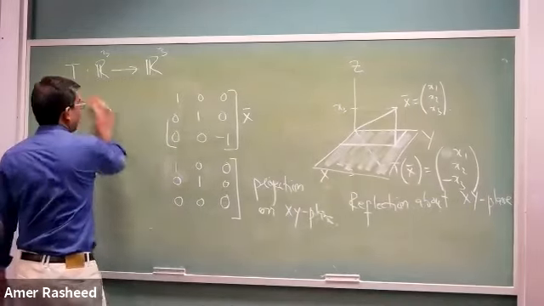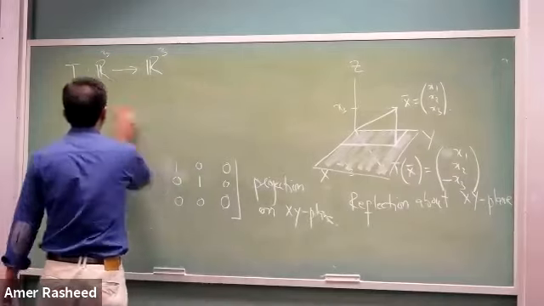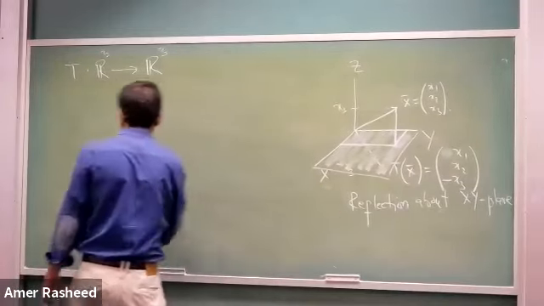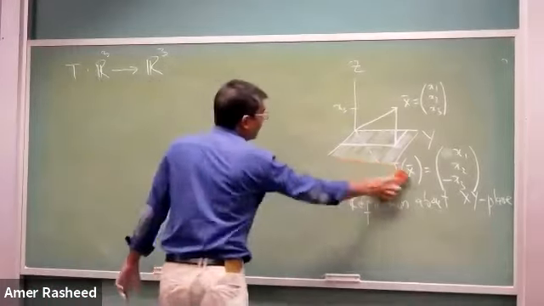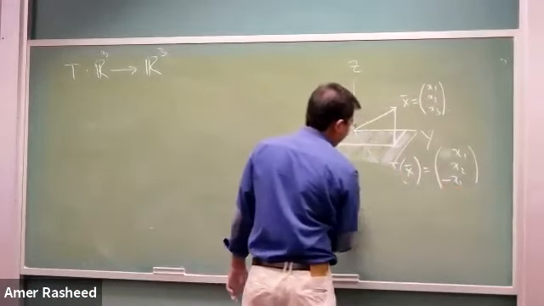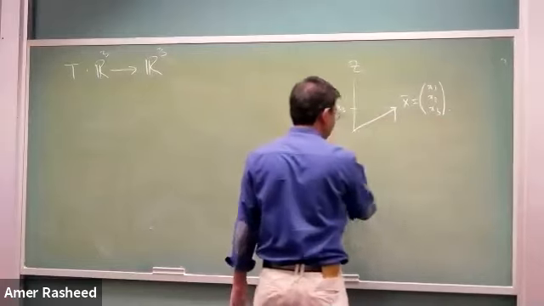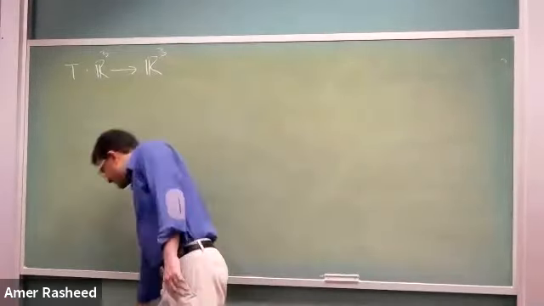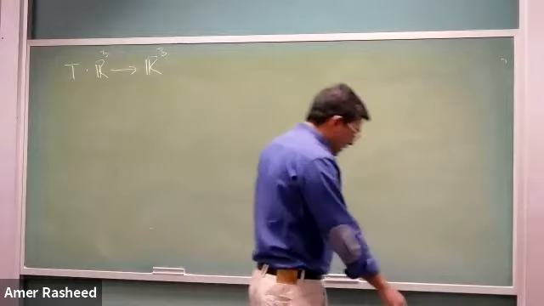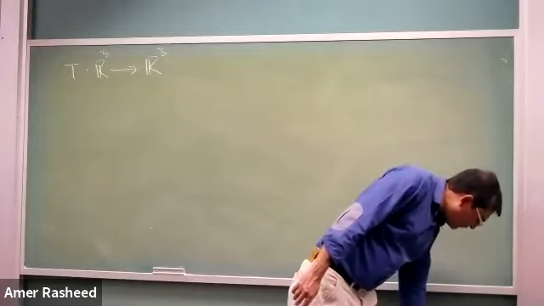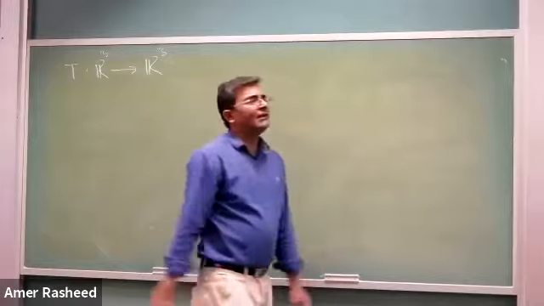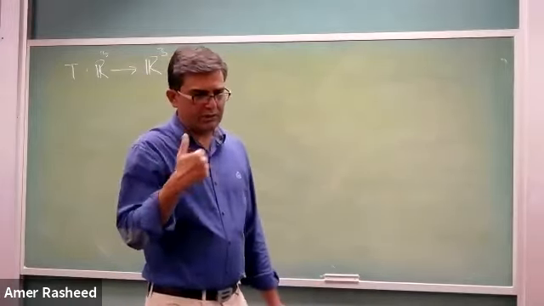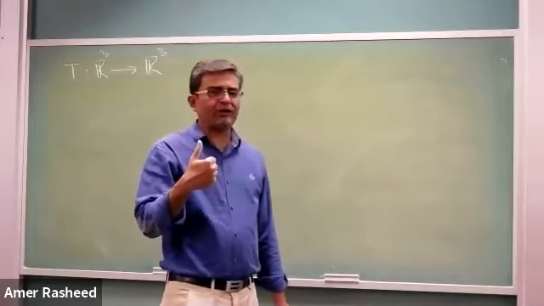The important one is, again, the rotational transformation in R cube. You have to take care while defining rotational operators in R cube. Okay. In that case, you have to remember the thumb rule in defining the cross product of two vectors.